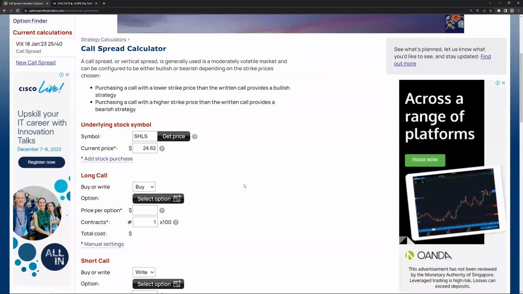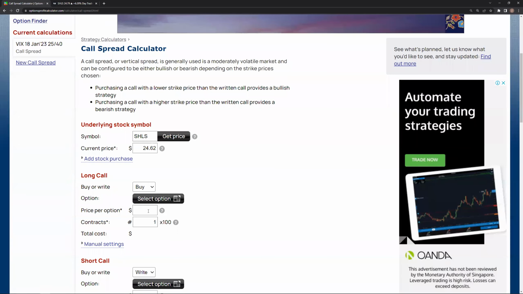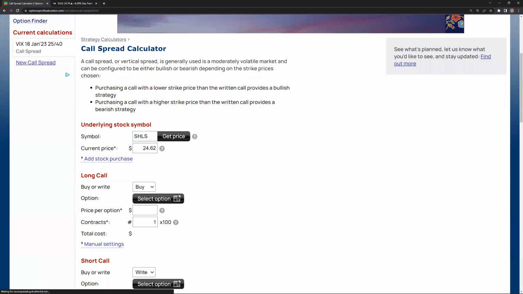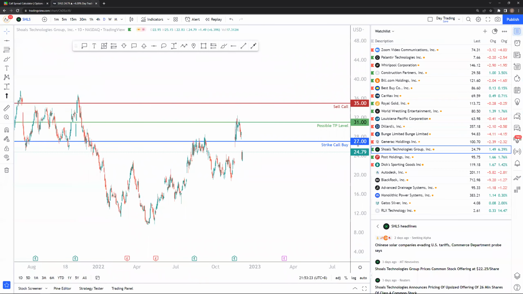Options. Okay, I'm going to choose 20th of January. Okay, 20th of January, and the option on 20th of January for strike price 27.